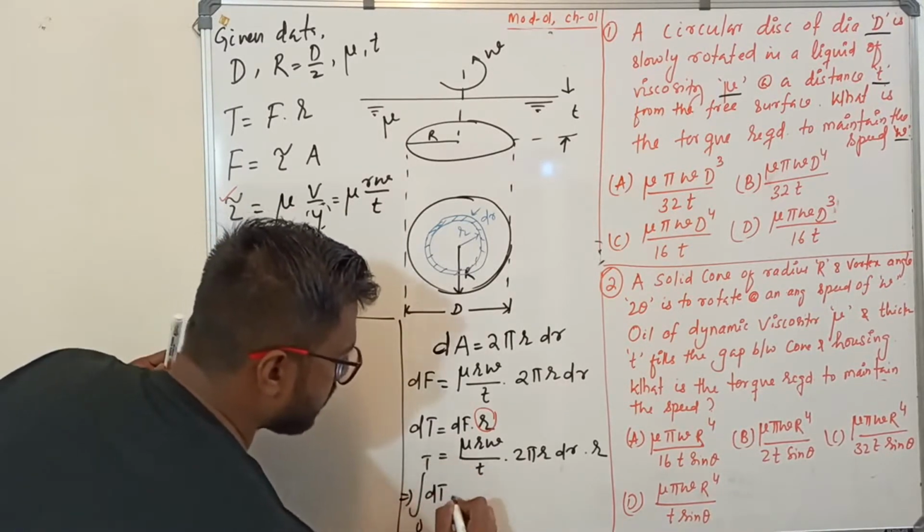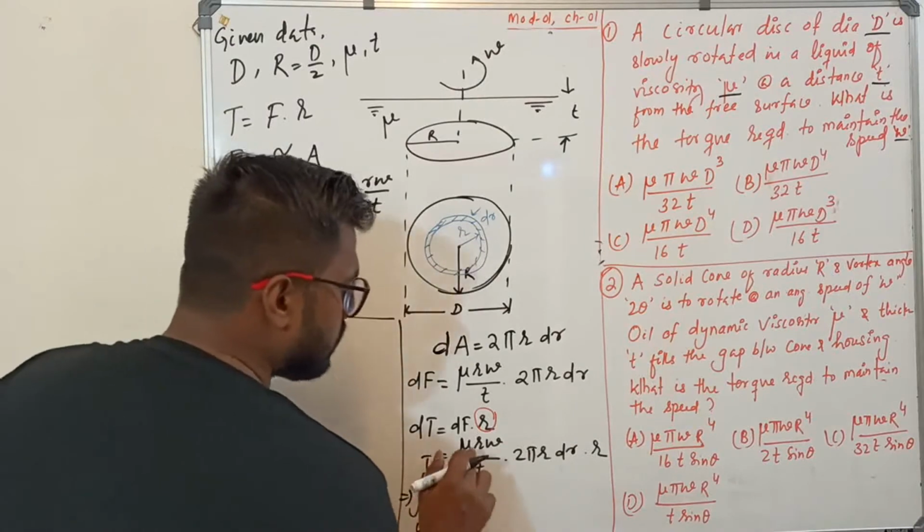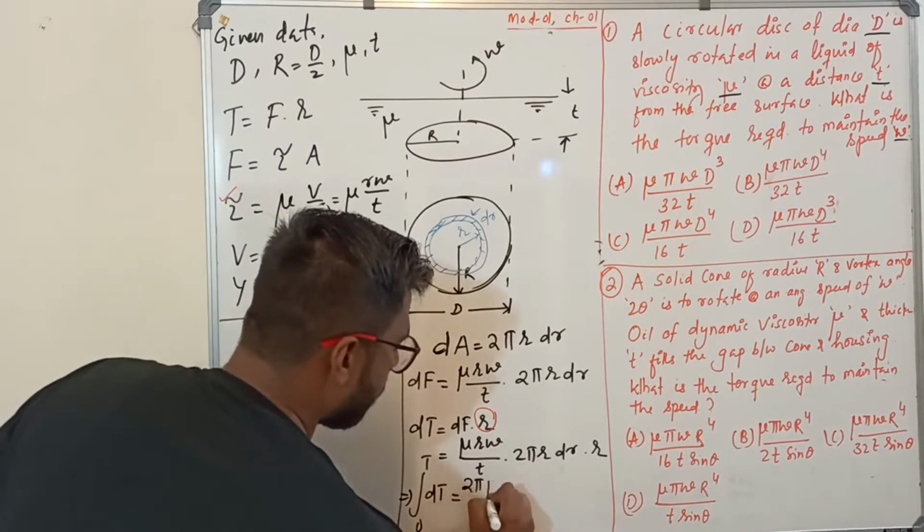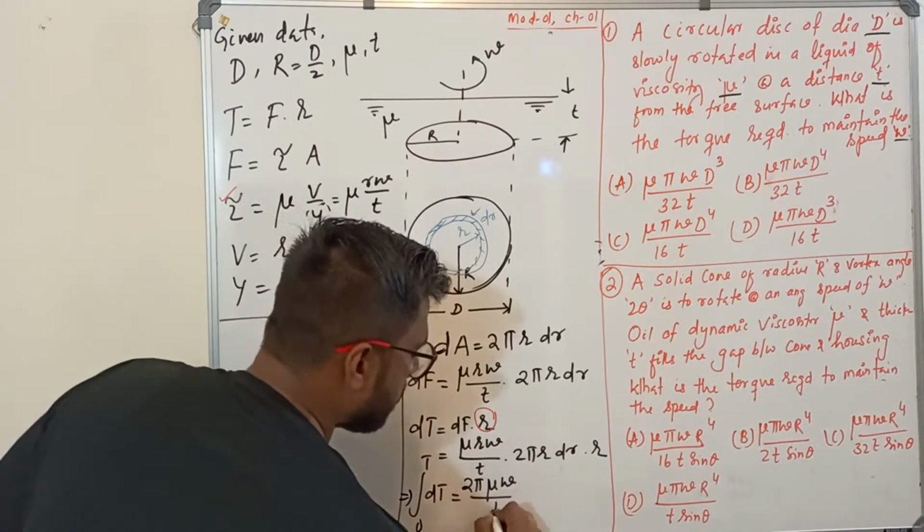Now let me integrate it, 0 to capital R. What are the things which will come out? 2 pi mu omega by t, take common.